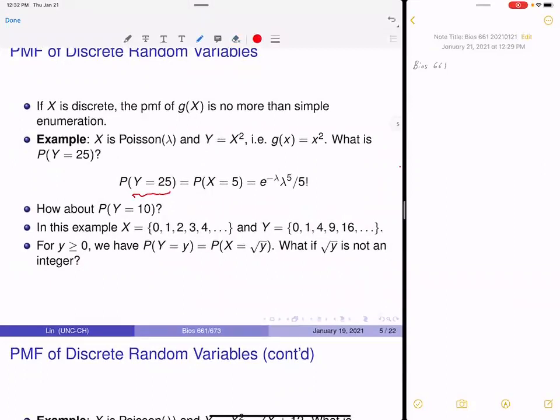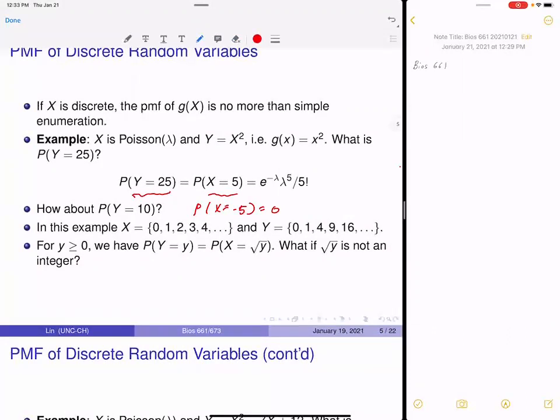Y equals 25 is nothing but X equals 5, because Y equals X squared. Of course, I emphasize what happened to X equals minus 5. The probability is 0, because Poisson counts, so X is never negative.